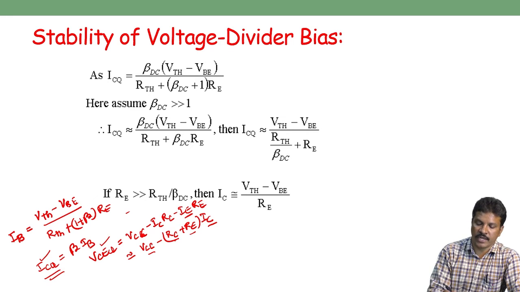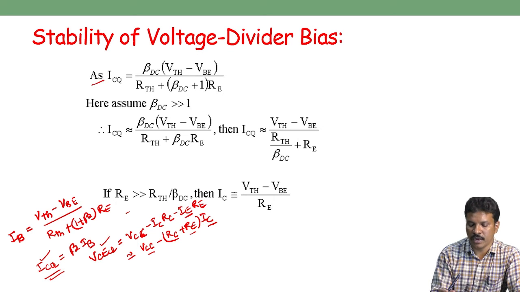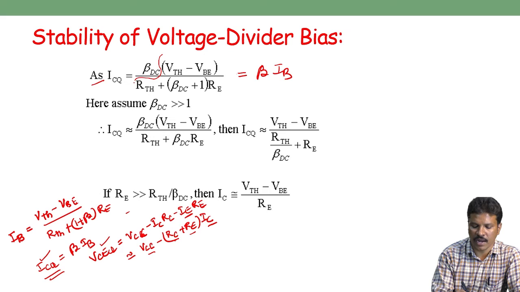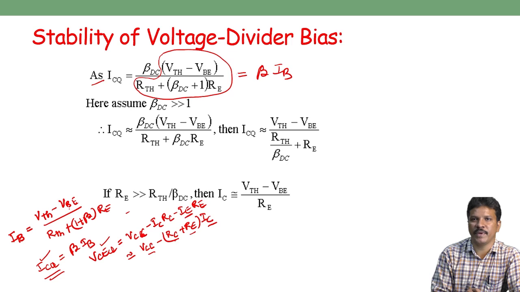The stability of the voltage divider bias can be explained from the equation for ICQ, which is nothing but beta DC times IB. IB is equal to VTH minus VBE divided by RTH plus (1 plus beta) times RE. This is beta into IB.